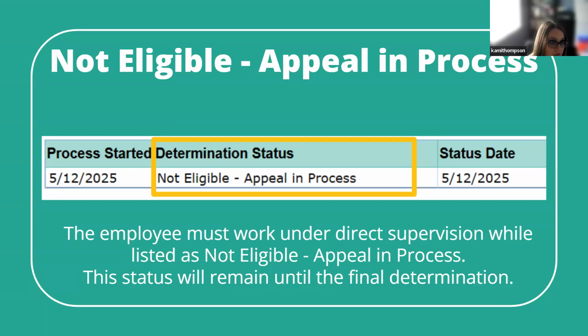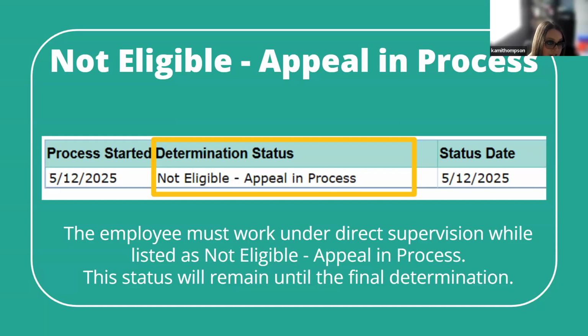The nice thing is now rather than it being on a wait reason or a pending status, this will tell you that this person has been flagged and it's in process, and you'll be able to track these processes, and DACS will send you these notifications automatically. Now, the employees that have this flag of not eligible appeal in process have to be under direct supervision while flagged with the appeal in process status.